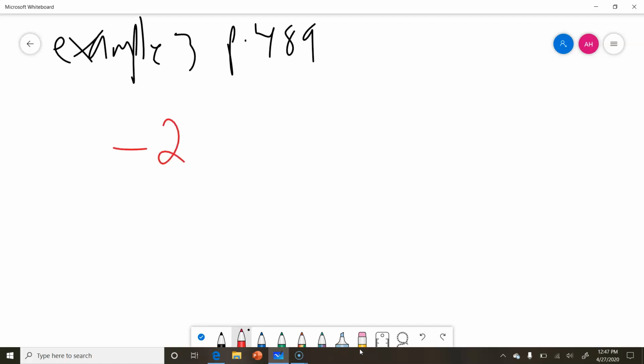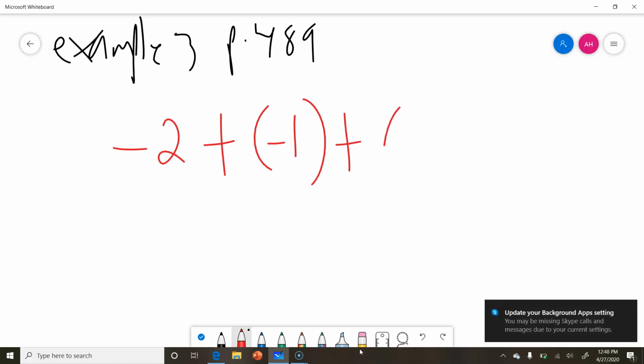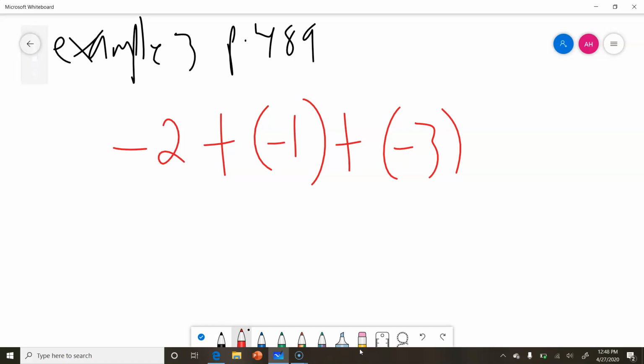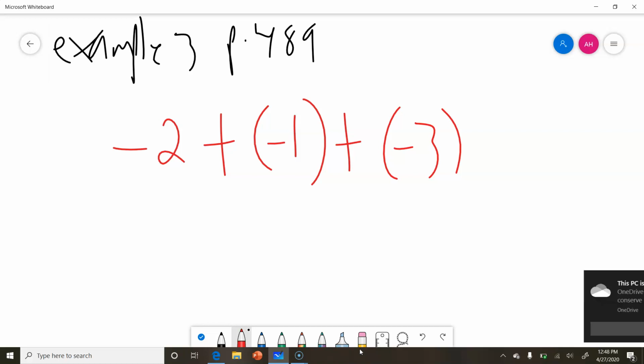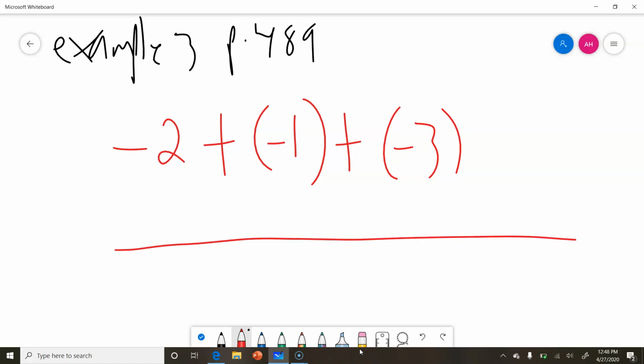We have negative 2 plus a negative 1 plus a negative 3. So all I need to do on this one is come to my number line. I'm at 0, but where do I start? I start at negative 2. That's this one right here, so I start here.